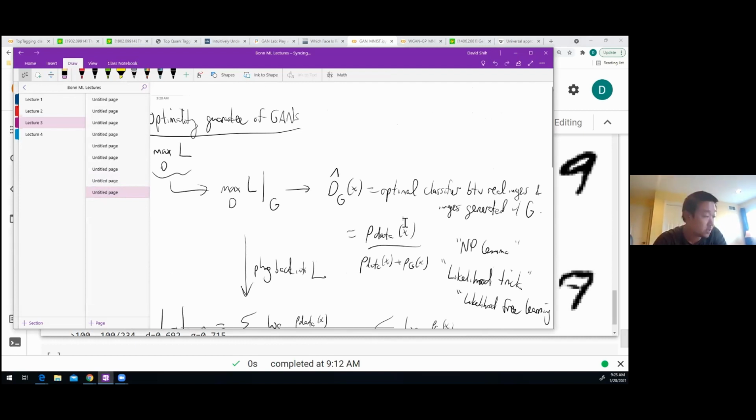The binary classifier is the Neyman-Pearson lemma or the likelihood ratio trick. With a simple binary classifier between something drawn from this distribution and something drawn from this distribution, you can learn this likelihood ratio, which is then a ratio of these PDFs on the full 784 dimensional space.